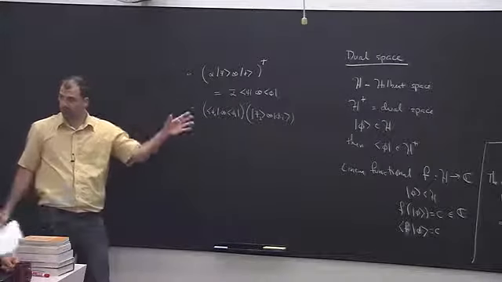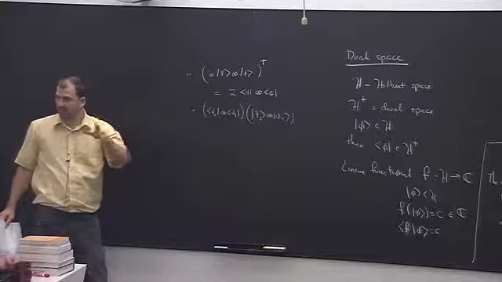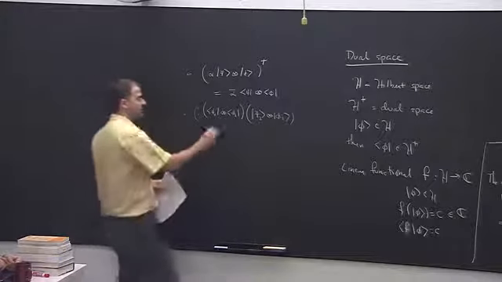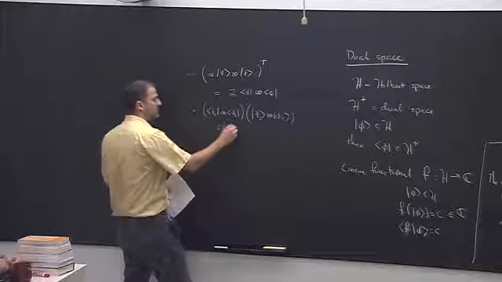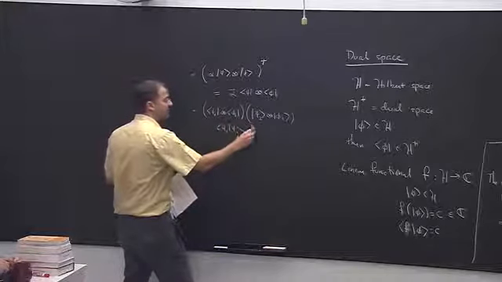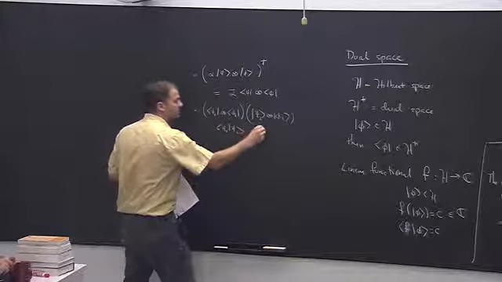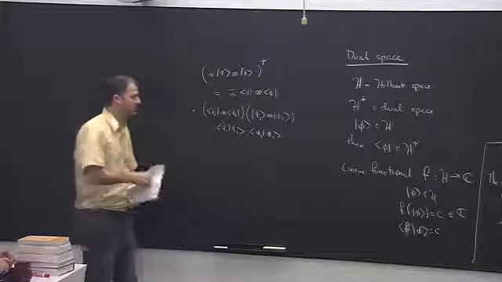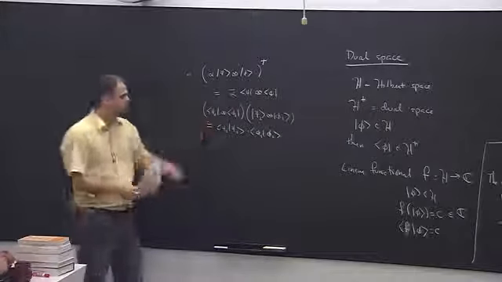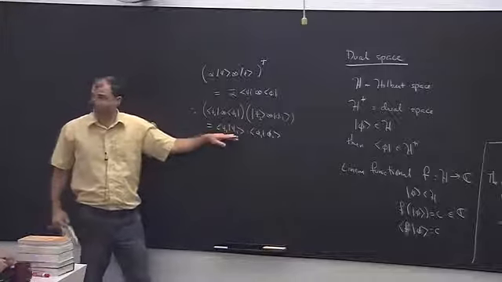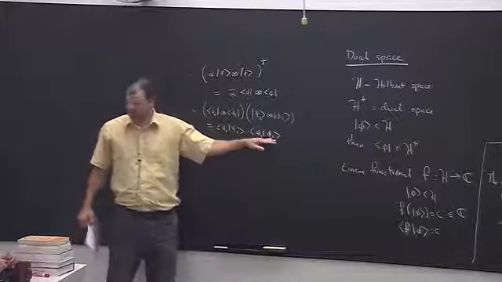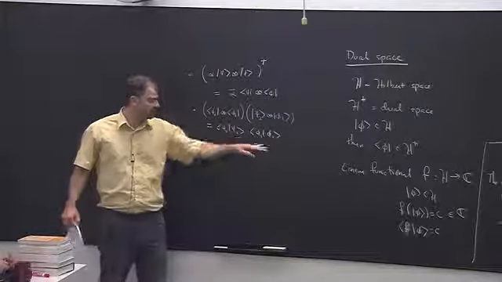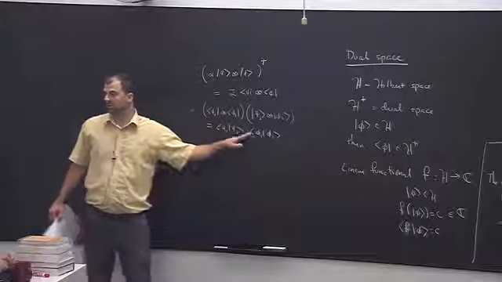Everything on the left of the tensor symbol acts on everything on the left, and things on the right act on things on the right. So you just get psi1, psi2 times phi1, phi2. So this is a scalar. Psi1, psi2 is a scalar, complex number. Phi1, phi2 is another scalar, another complex number. And I just get the product of those two complex numbers via this formula.